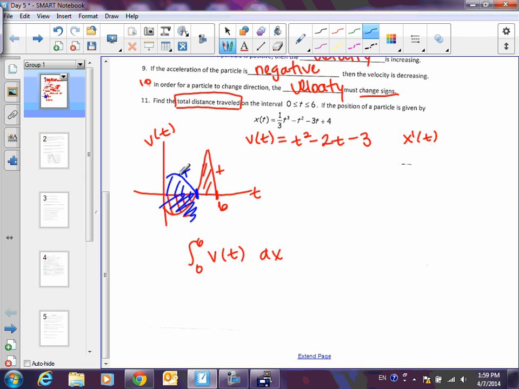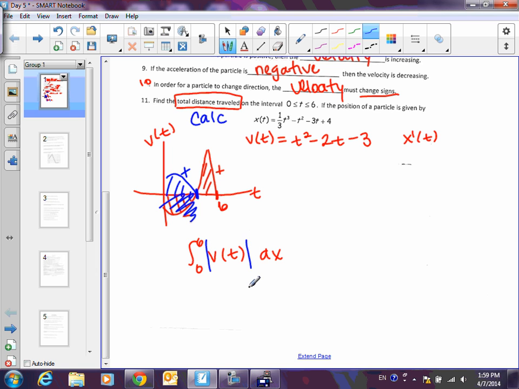We're not going to do all that, I'm just talking this out. Then you'd have to break this up into an integral from here to here, where you would get a negative answer and you'd make that positive, and then you do the integral for the second piece. Okay, this is how you do all this by hand. But if we have a calculator, which on almost all of these problems you're going to have, there's only one little thing you have to do: absolute value.